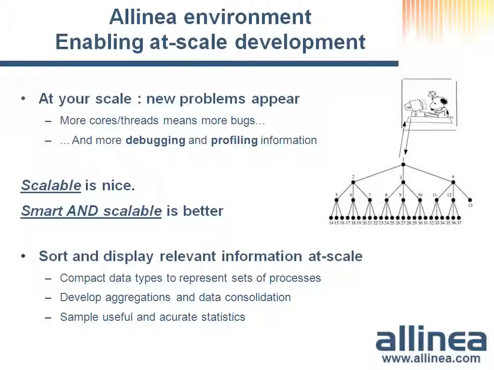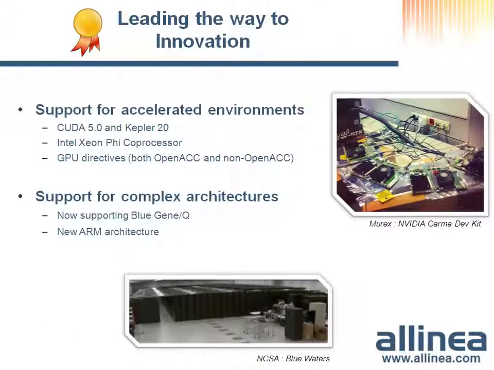Allinea is leading the way to innovation. We were the first company to support CUDA. We are the first company to support CUDA 5, and we were one of the first companies to support Intel Xeon Phi coprocessors. Once again, this is made possible by the extensive partnerships and collaborations we have made.